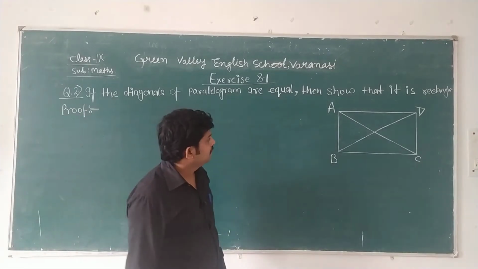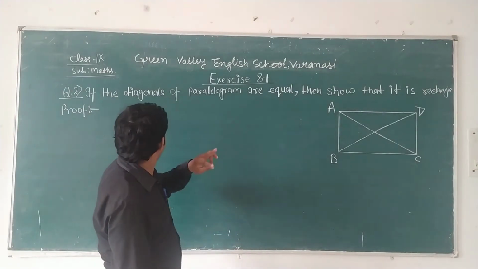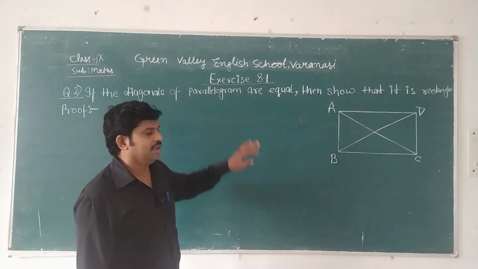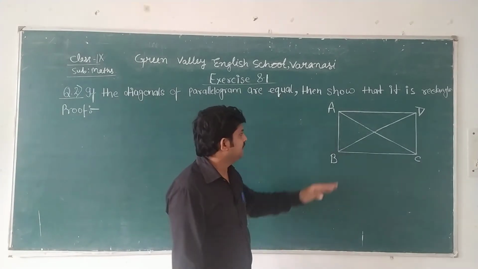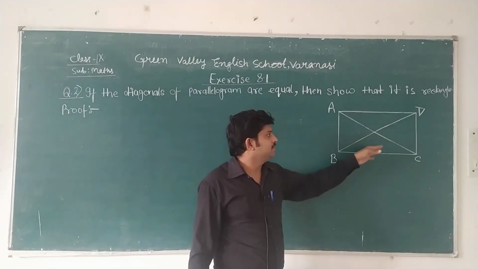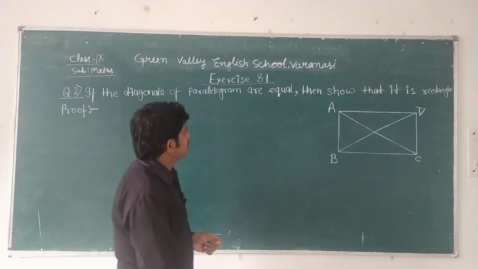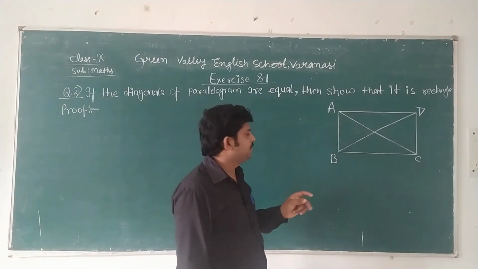As you know, there are two diagonals in a parallelogram, and when both the diagonals are equal, then prove that ABCD, this type of parallelogram, is a rectangle.